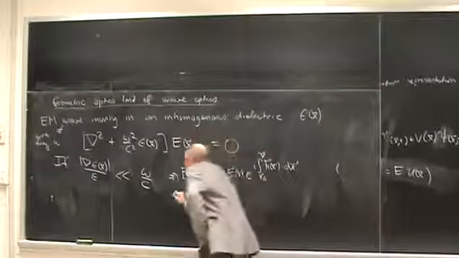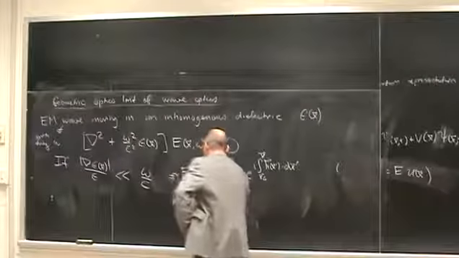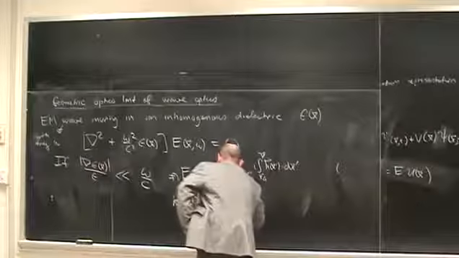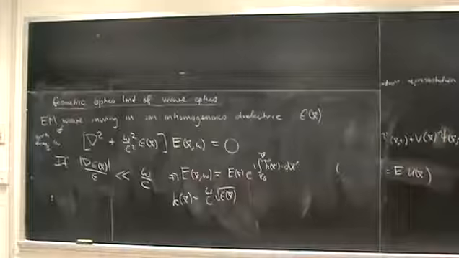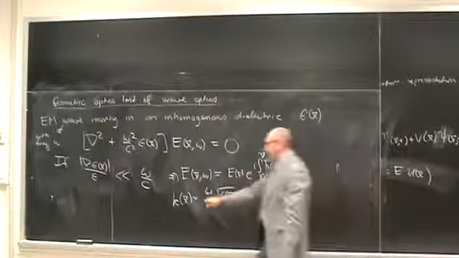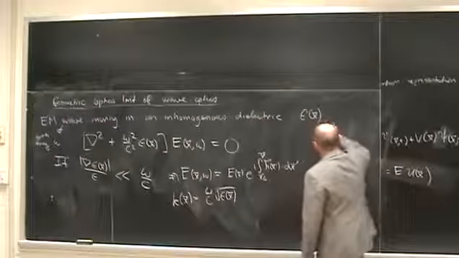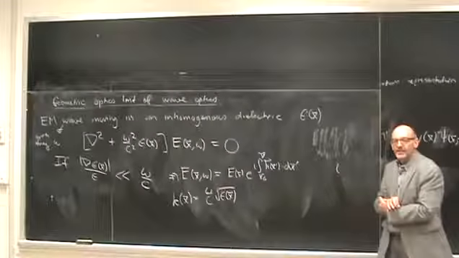Where there's a local wave vector, if this were a constant, we know what the wave vector is. The wave vector is omega over c times the index of refraction, and the index of refraction is the square root of the dielectric constant. But now what I'm saying is that there's a local index of refraction at every position in this inhomogeneous dielectric.